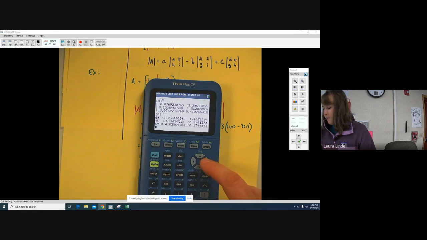Okay, there we go. Yeah, so you can scroll back and forth and see your inverse matrix.